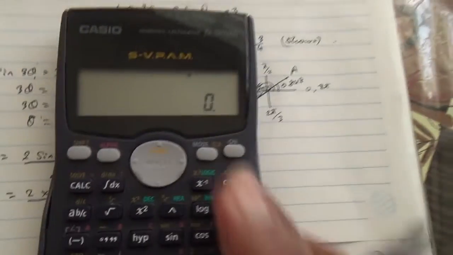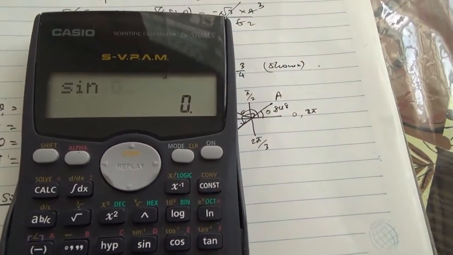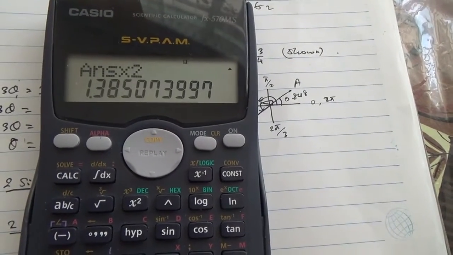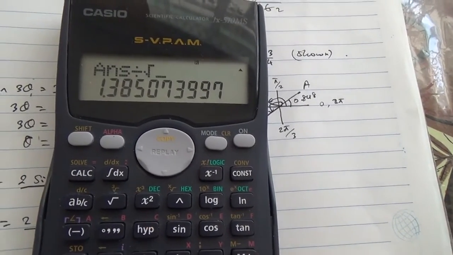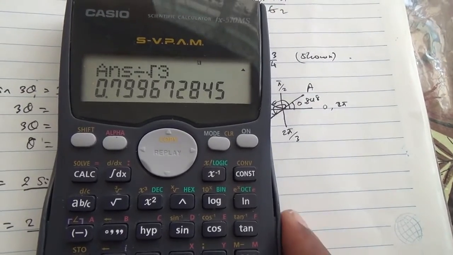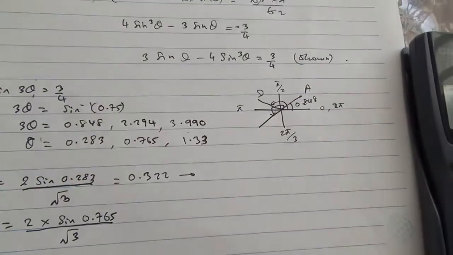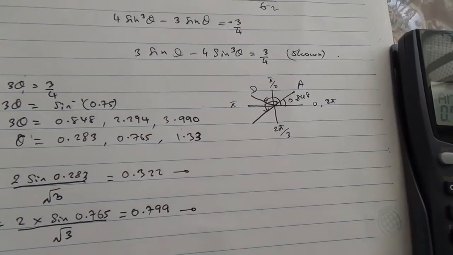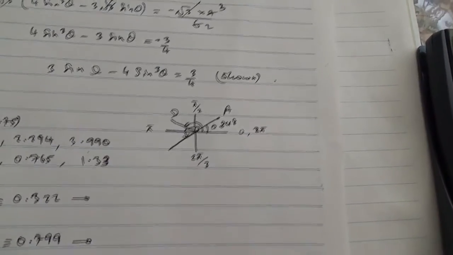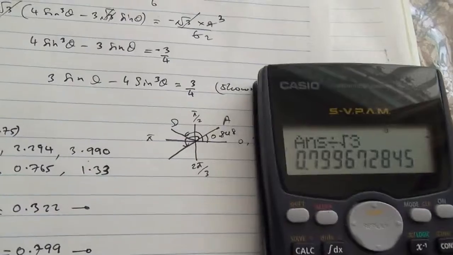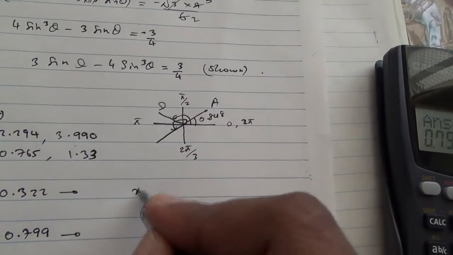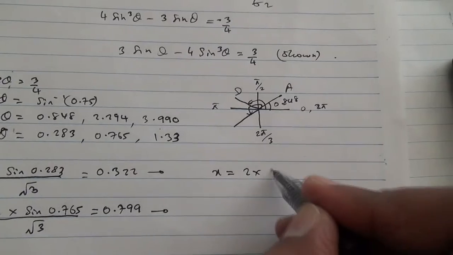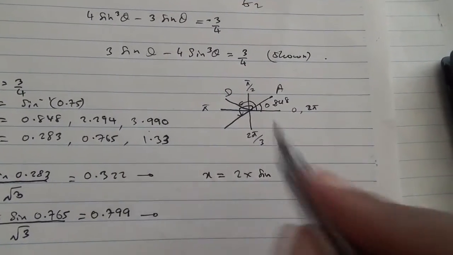So what is that one then? Sine of 0.765 multiply by 2 divide by root of 3. It's going to give us 0.799. So 0.799 is the second value of x. For the third value, x is equal to 2 multiplied by the sine of 1.33.